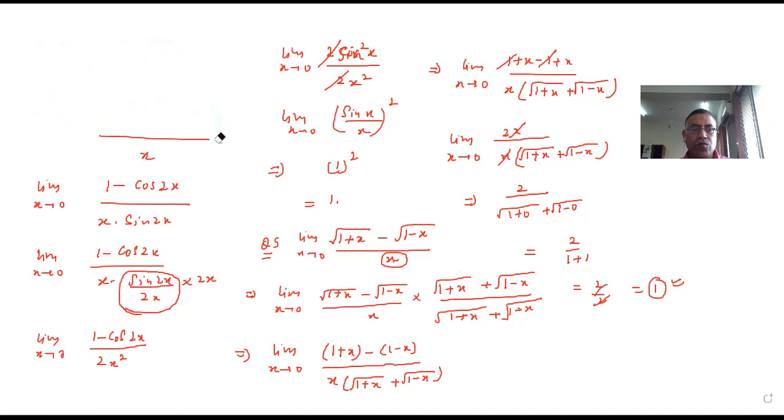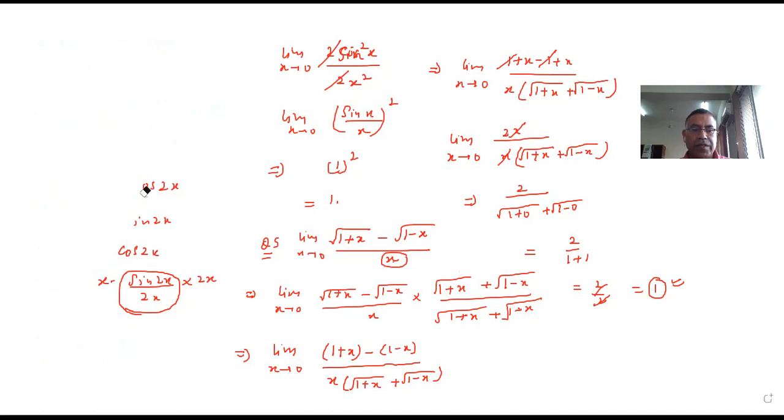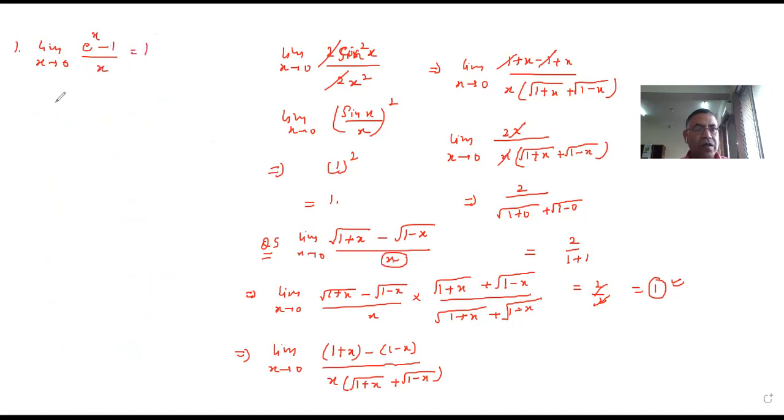Now, there are two more theorems. The results I am going to write. One is limit x tends to 0, (e raised to x minus 1) upon x, this is 1.